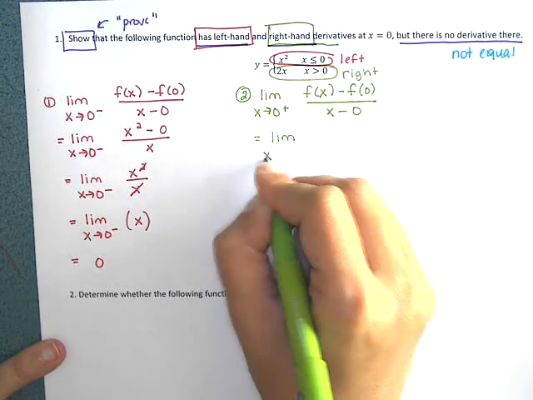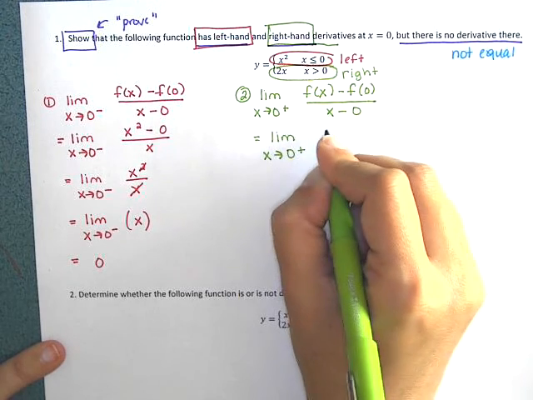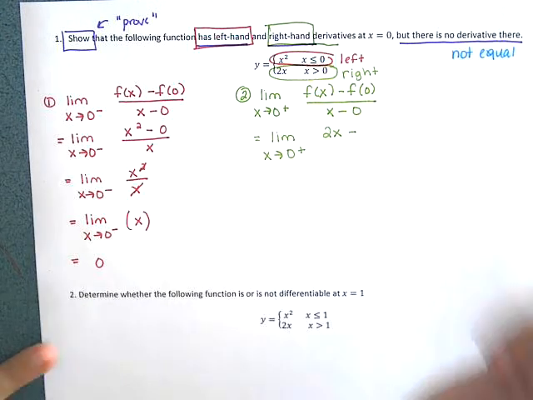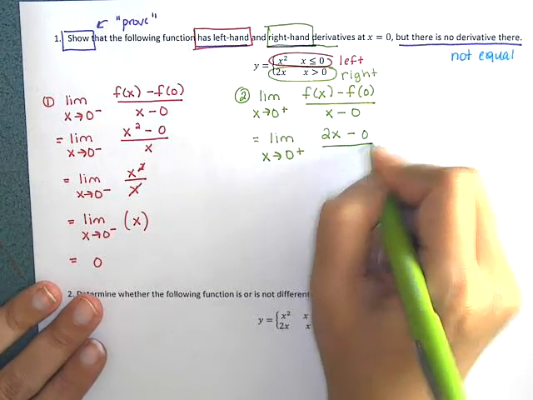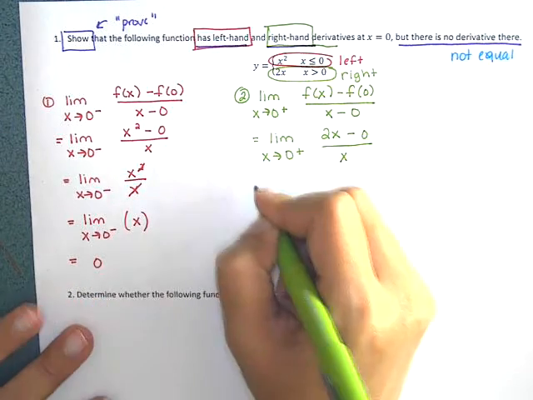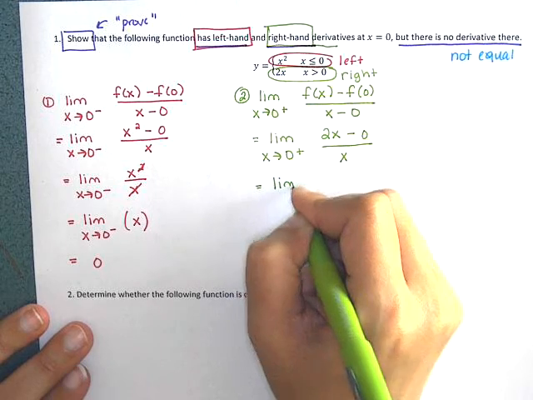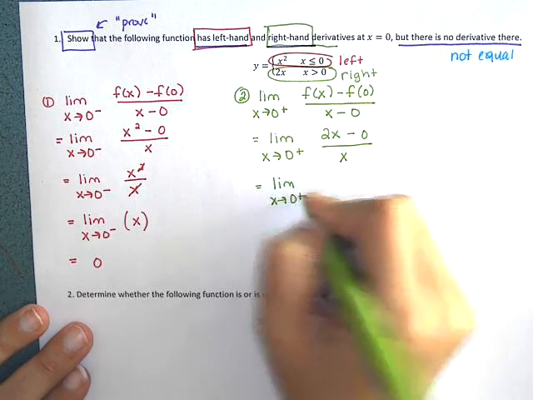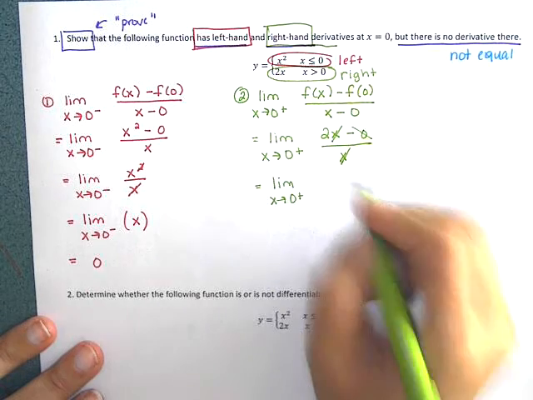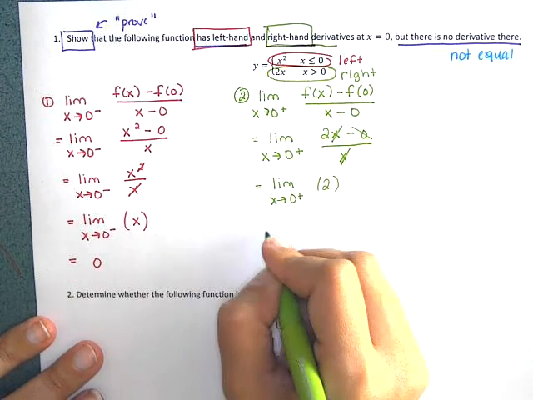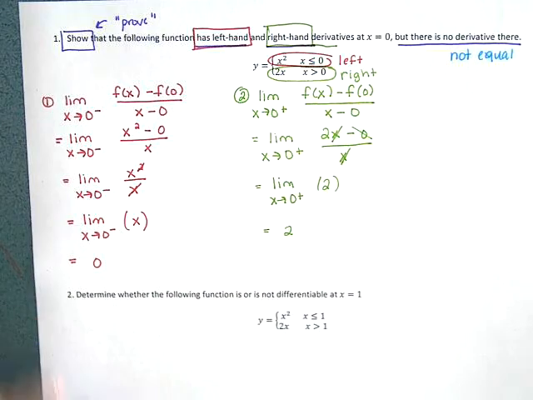So I'm going to have the limit as x approaches 0 from the right of 2x minus, if I plug 0 into there, I get 0, all over x, which means I get the limit as x approaches 0 from the right of, if the x's cancel, because the 0 doesn't really matter, I just get 2. So the value here would be 2.